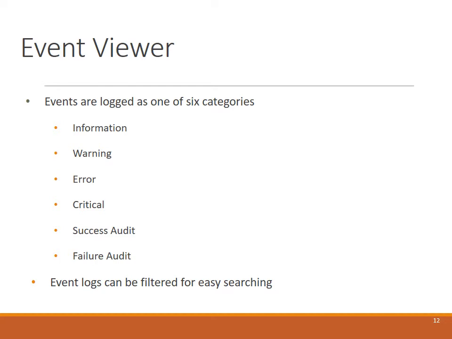Success audit and failure audit are other categories of events. These will only show up in the security log, and they will show up when an object has either successfully authenticated itself or failed to. Again, I like to use the concept of accessing a folder.